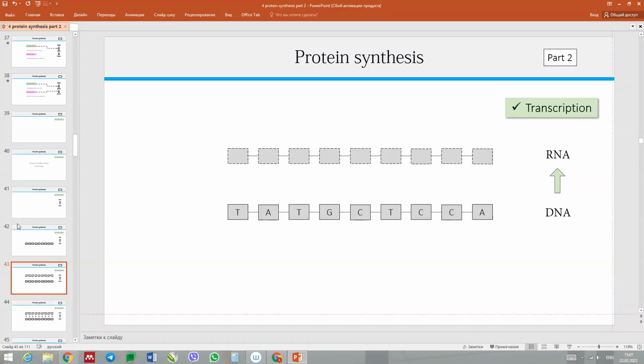And now comes a very intriguing question. What should we write here? What should be the specific sequence of nucleotides in RNA if we know the sequence of nucleotides in the DNA?